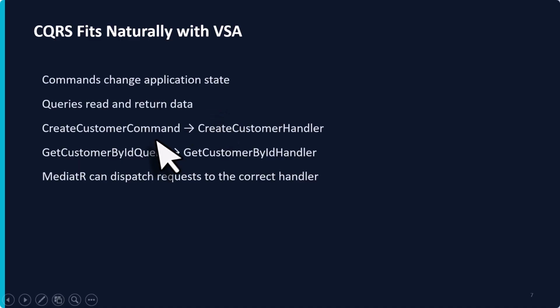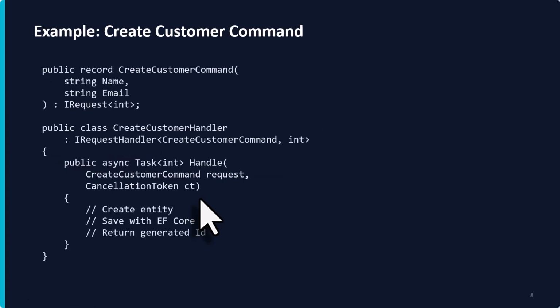These are the CQRS layers and patterns we are following here. CQRS generally fits very well with the VSA architecture, and a mediator can dispatch a request to the correct handler.